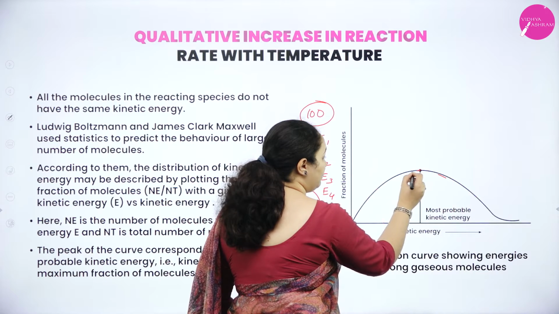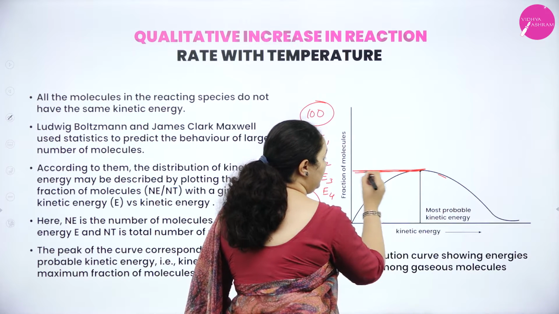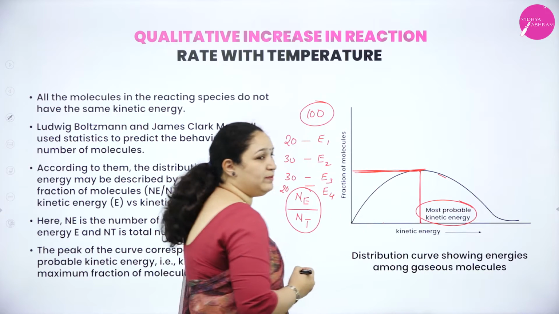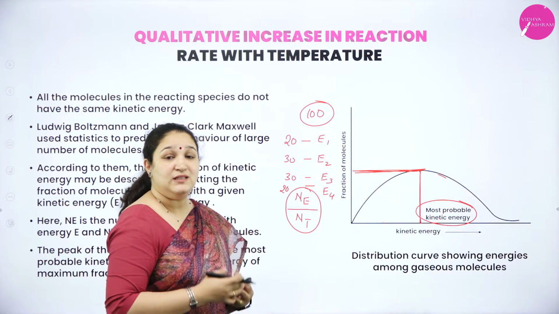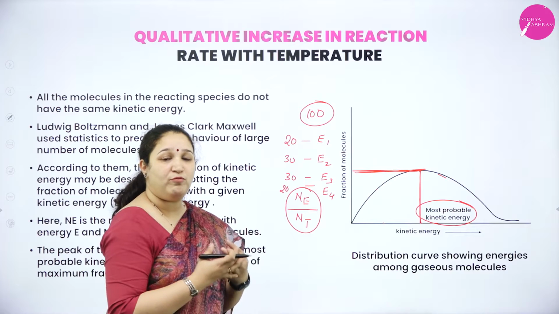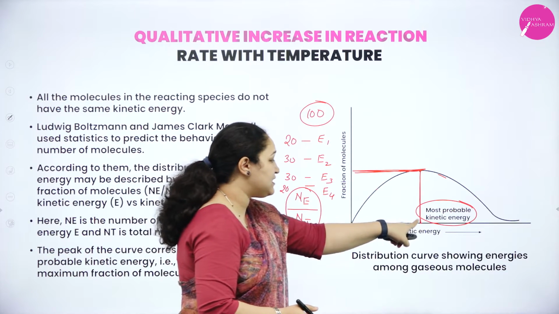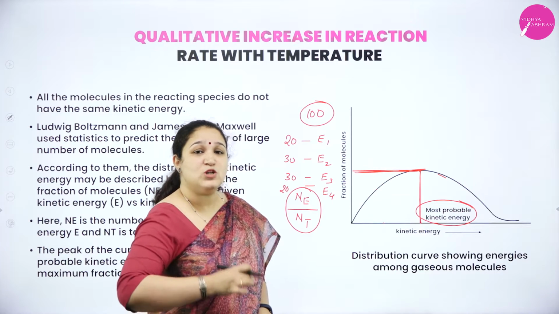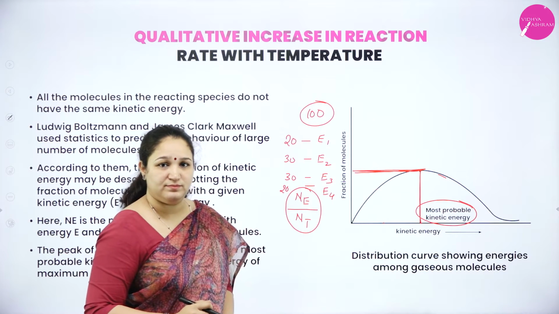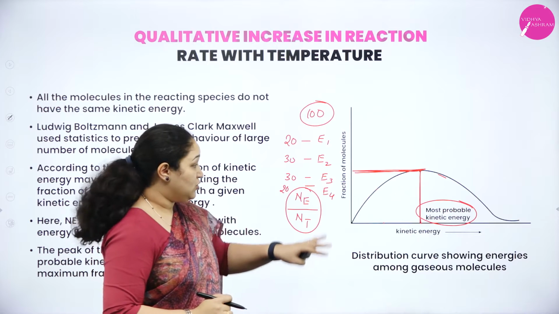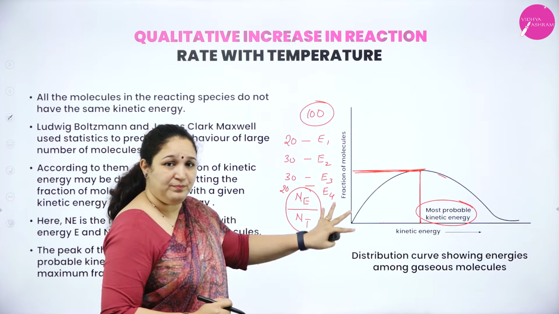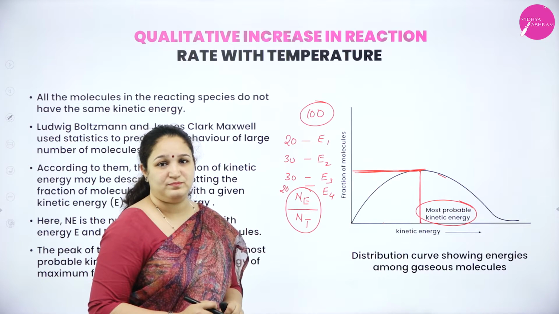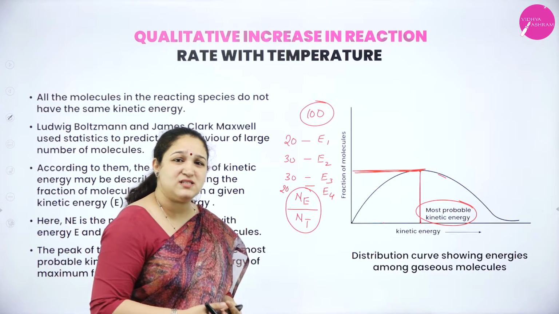And the peak of this graph is called the most probable kinetic energy, meaning the maximum number of particles have this kinetic energy. Hence that kinetic energy is called most probable kinetic energy. So this graph was given by Maxwell and Boltzmann.